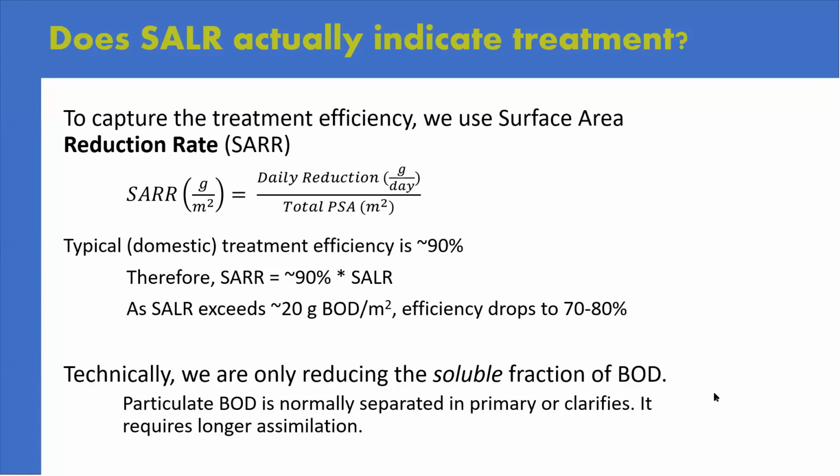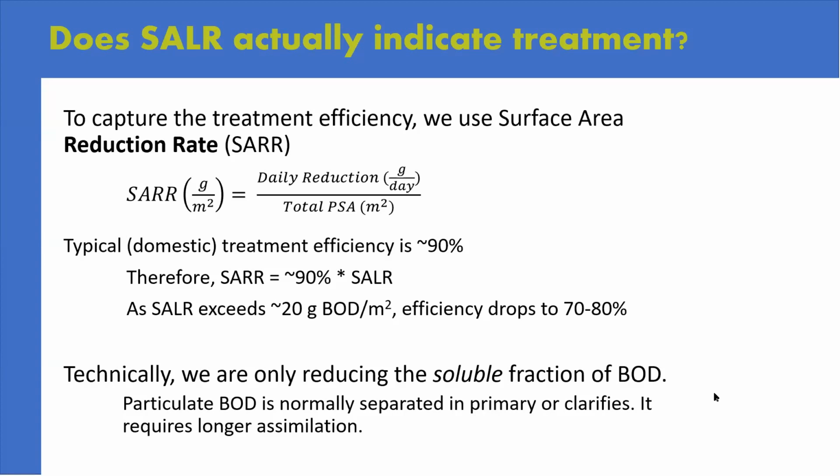So it's a fine balance of figuring out what your system can handle in terms of the loading rate and what it's actually going to be able to achieve with the reduction rate. I also want to point out here that when we are looking at an MBBR system and how much treatment it can achieve, we're really looking at the soluble fraction of BOD. It's very important to understand not just how much BOD you have in your system, but what is the fraction of insoluble to soluble.